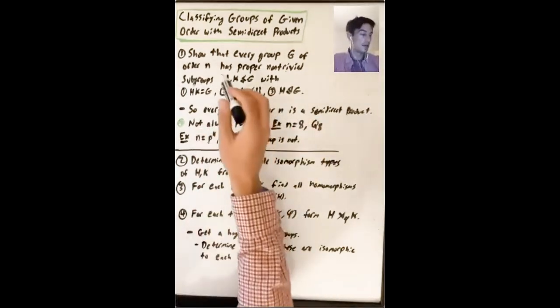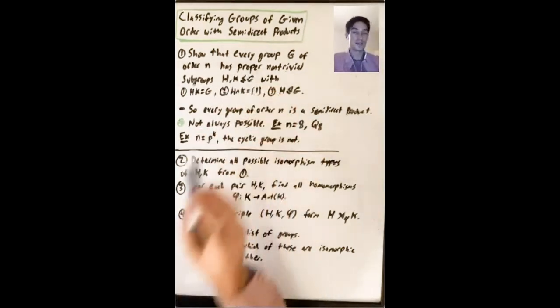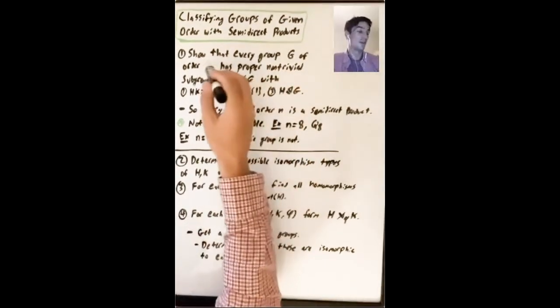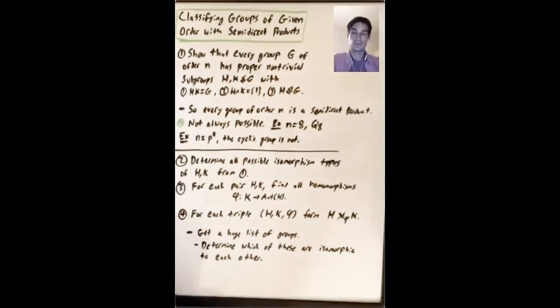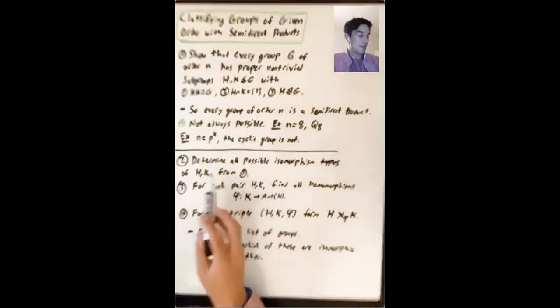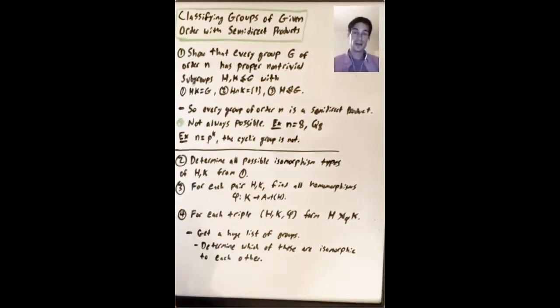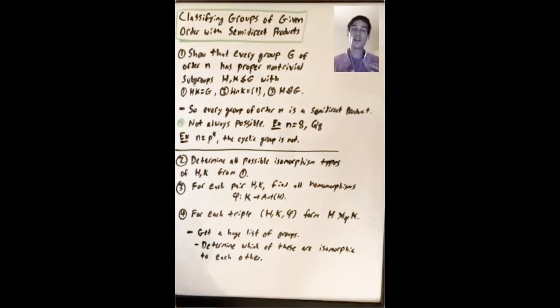So these are going to be groups whose order is smaller than G, divides G. So if we've classified smaller groups, we want to use classifications for smaller groups to get the classification of groups of order n. So now, if we have a pair, let's say H is isomorphic to some group, K is isomorphic to some group, we want to say, what are all the different ways that we could form a semidirect product of those two groups?